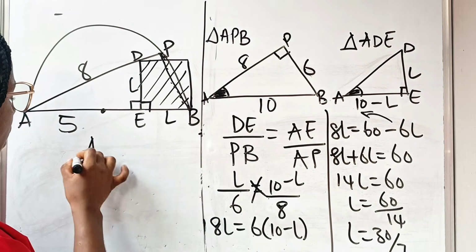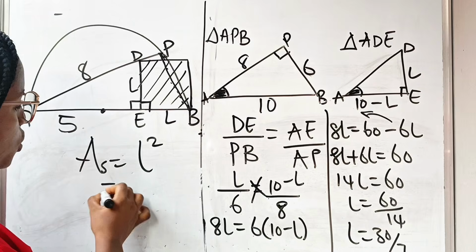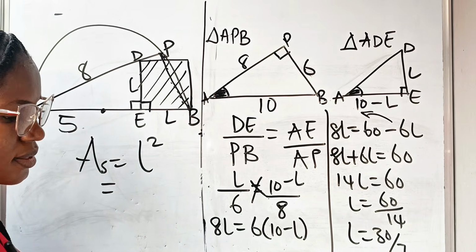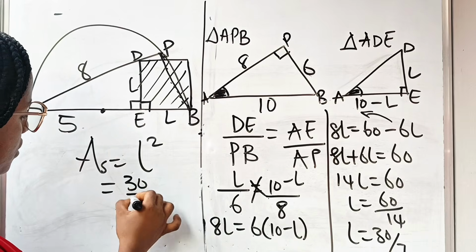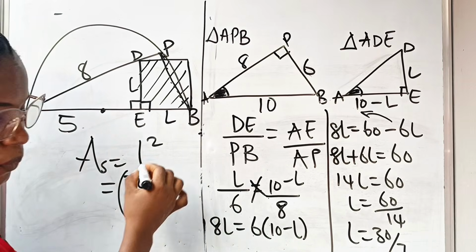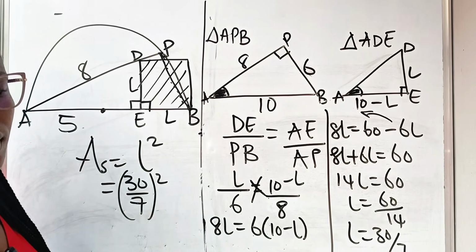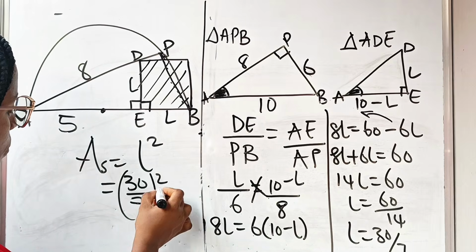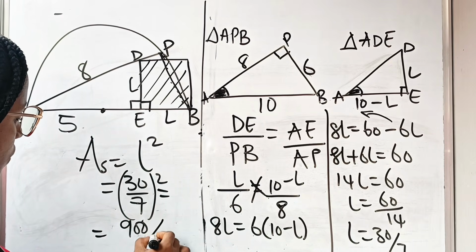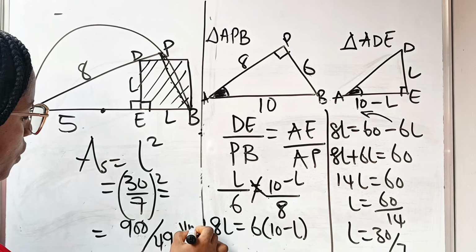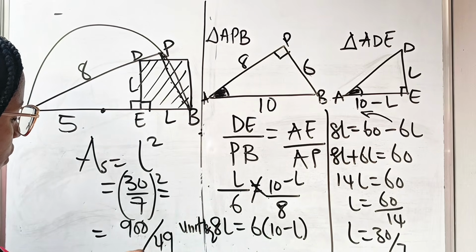So the area of the square is length squared, so it should be equal to 30 over 7 all squared, which will be equal to 30 squared is 900 and 7 squared is 49 units squared.